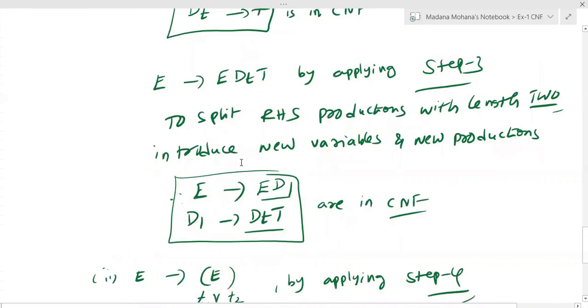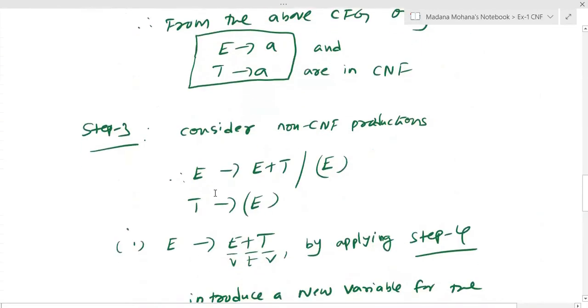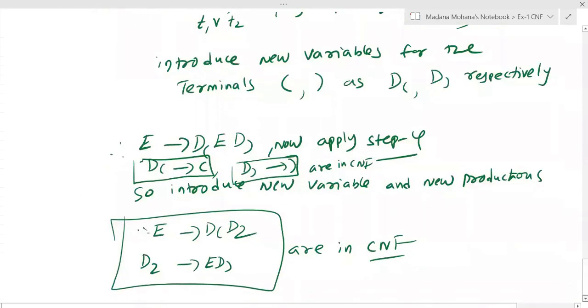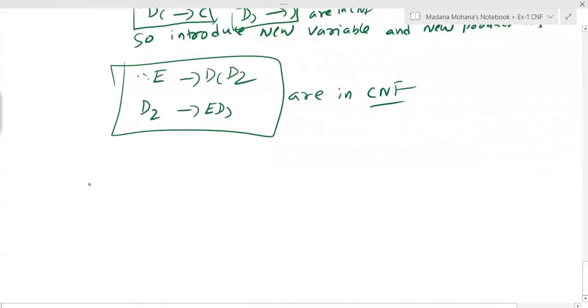Then coming to T productions, here T contains E within braces. T derives terminal, that is already in the required form. Now the third non-CNF production, T derives E within braces. See, for left brace and right brace, we already introduced the variables in the above step.